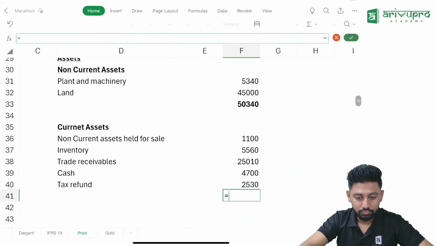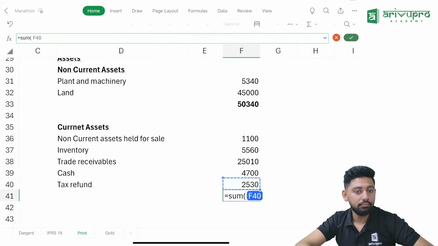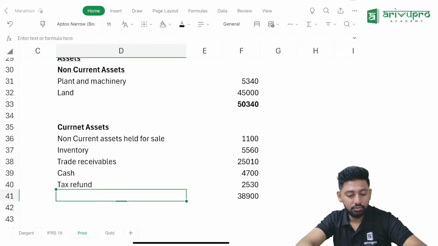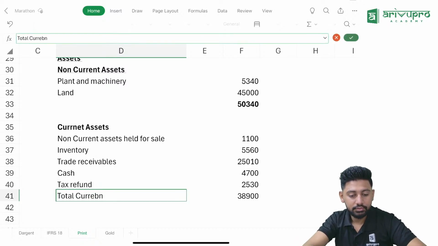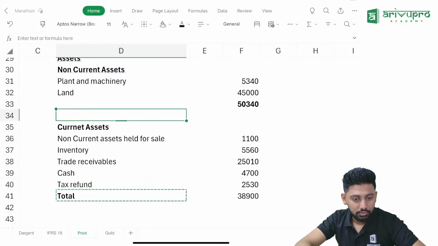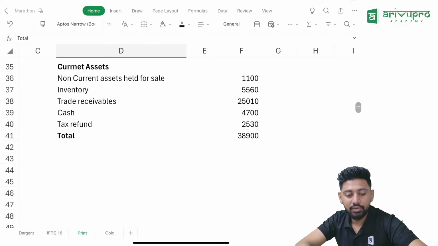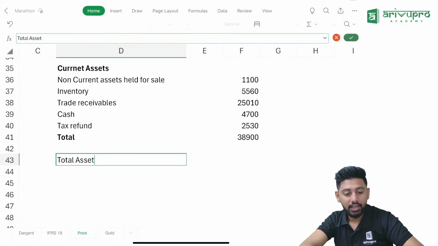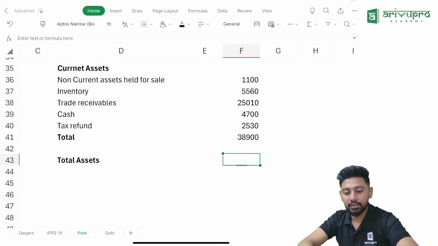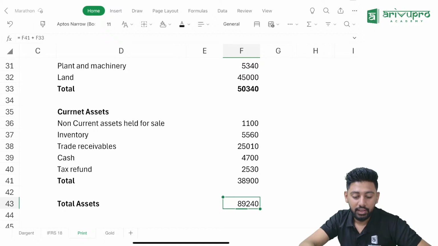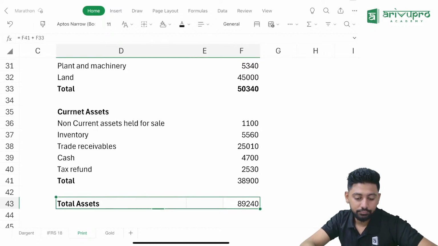Therefore, my total would be 38,900, total current assets. Now that I have my total current assets and non-current assets, I have my total assets. My total assets will simply be 38,900 plus 50,340, 89,240.